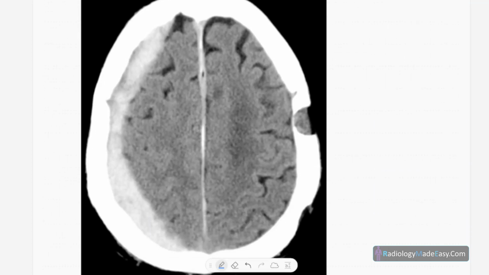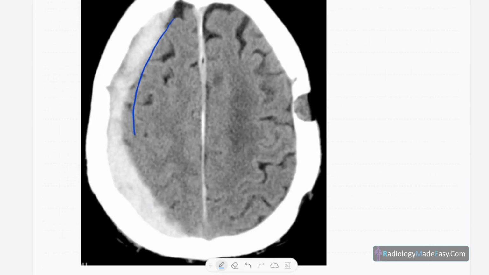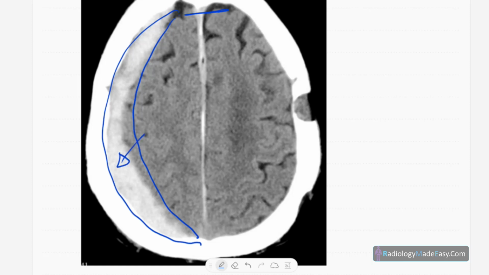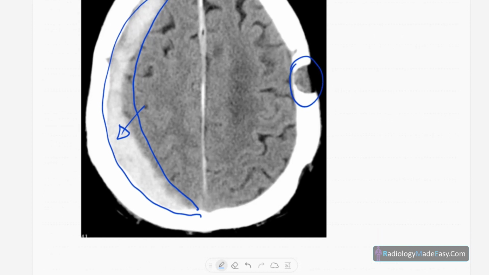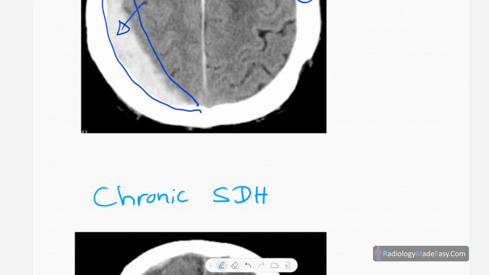This one is crescent shaped or concavo-convex. So it's an acute SDH. You identify those things by the shape. It does not cross the midline. It is high attenuation, so it's acute. So it's a crescent shaped acute SDH. You can see a burr hole also here, a previous intervention.